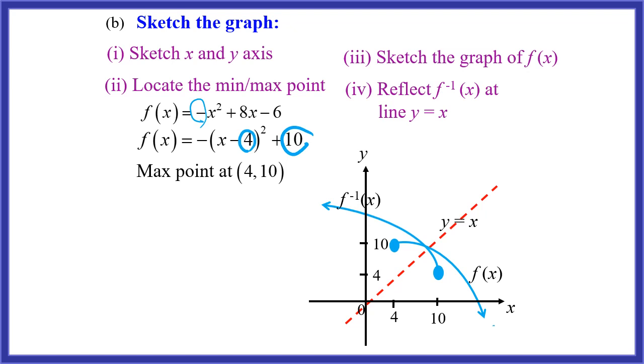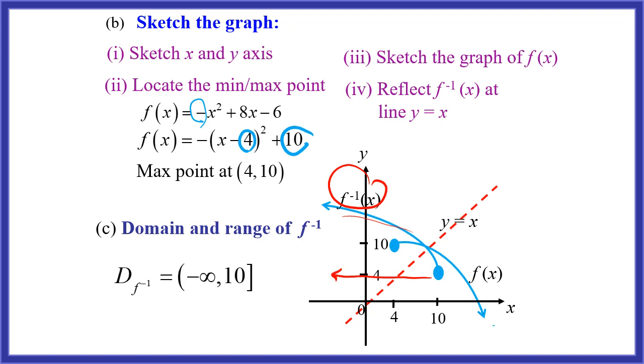Okay, so we are done, right? Oh, how about the domain and range? So the domain and range of f inverse, we can see from the graph, or we can look at the domain of f and find the range. Okay, if we just look at the graph, the x for f inverse is taking values below 10, right?